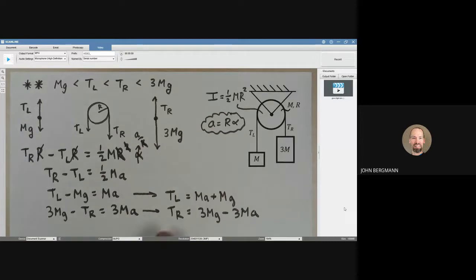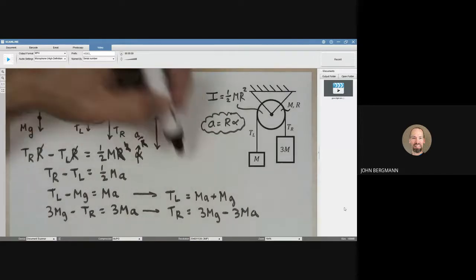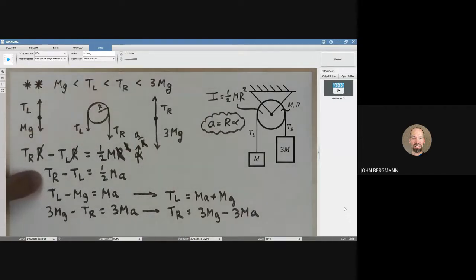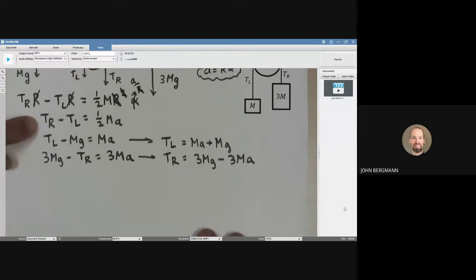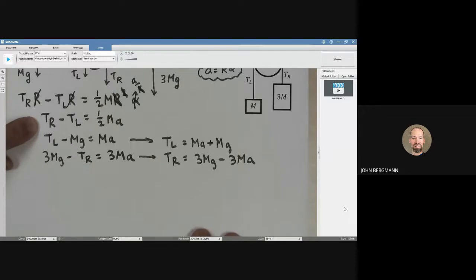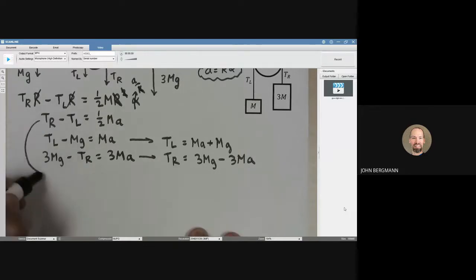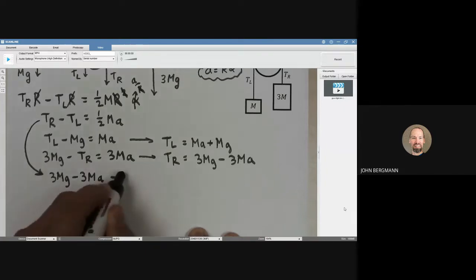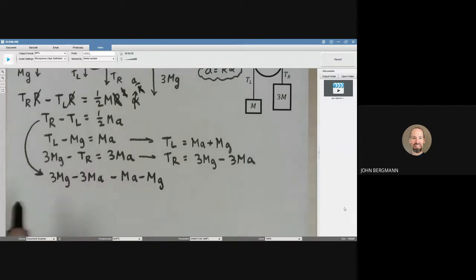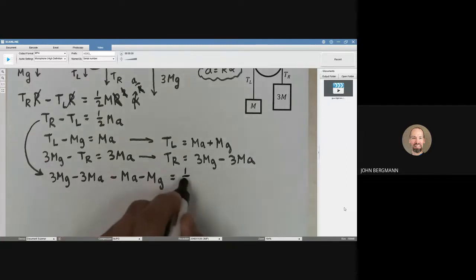Now I'm going to take both of those equations and substitute them into this top one here. Let me scoot up this paper a little bit. So let's see if we can do that. TR is 3mg minus 3ma, and then we need to subtract TL, and that needs to equal 1/2 ma.